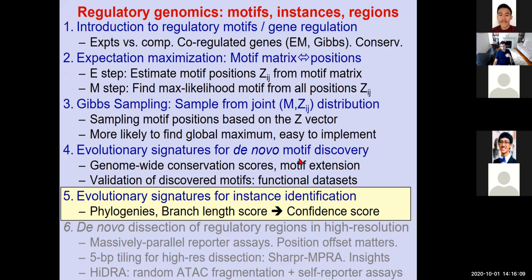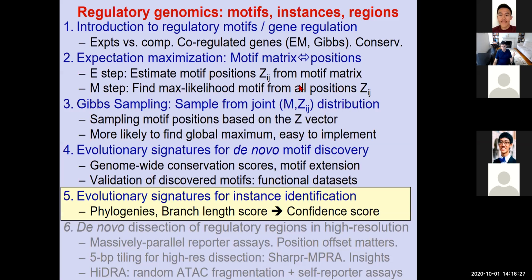After these motifs are discovered de novo, we're going to have to validate them using all kinds of additional functional data sets. For example, are these motifs occurring near coordinately active genes, and so on and so forth.